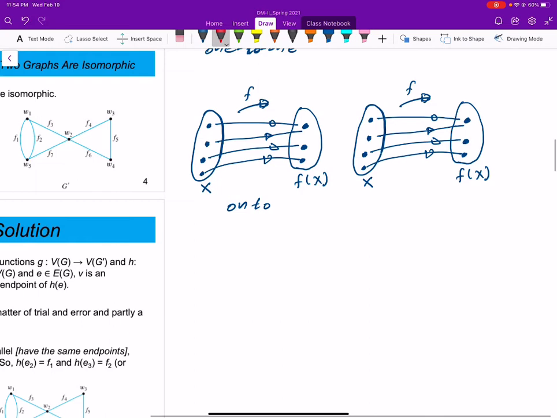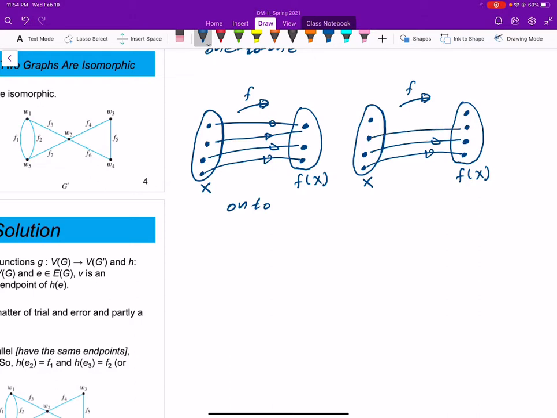In this case, there are elements in the right hand side set which are not mapped by the left hand side set. So how do I make it? I'm going to add an extra point. Now it has 4 points.